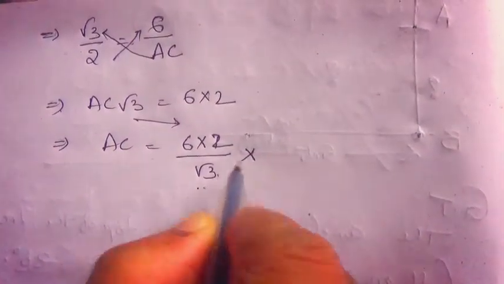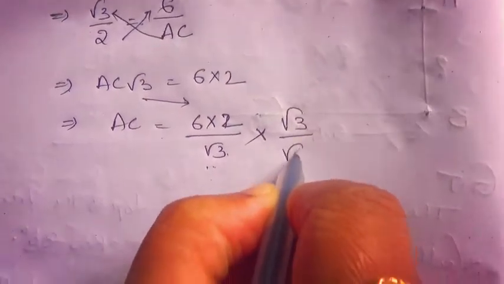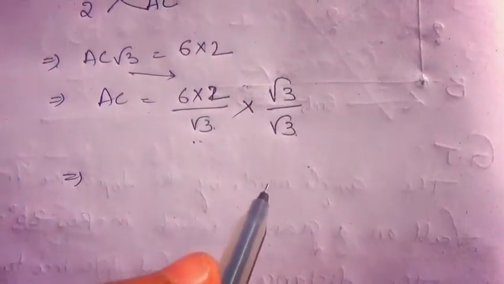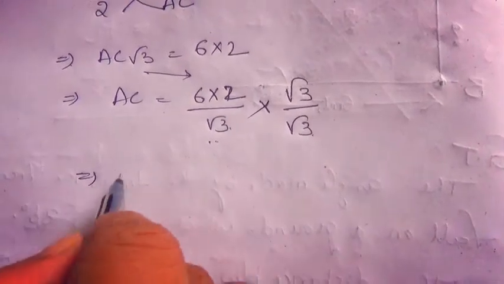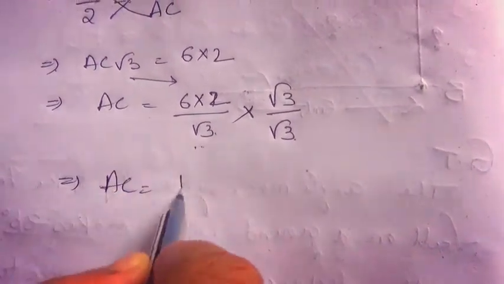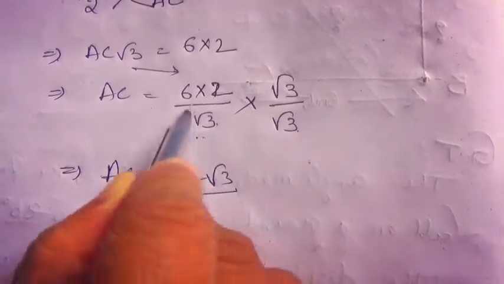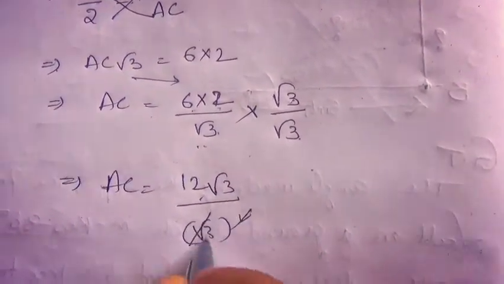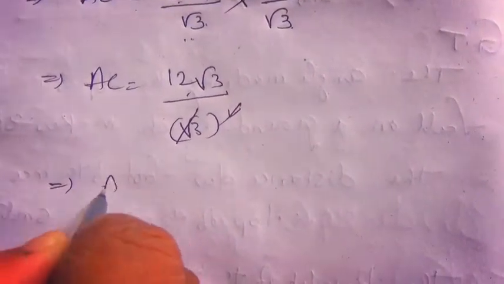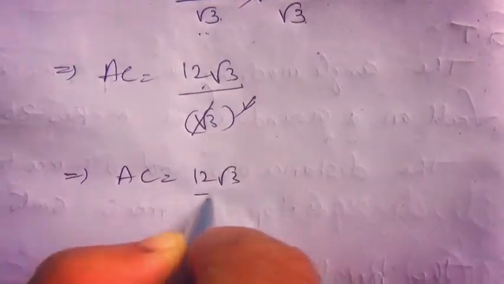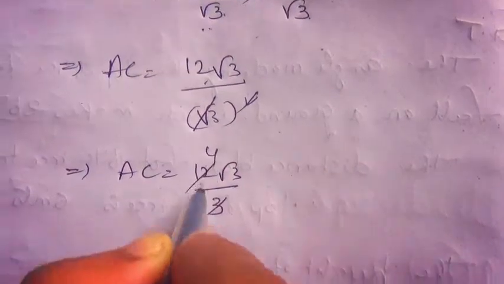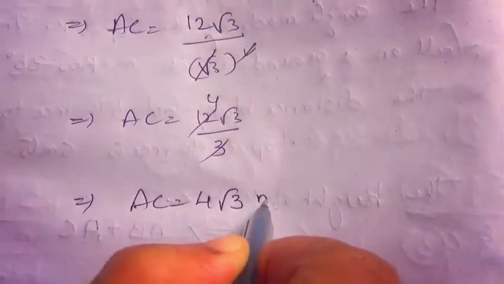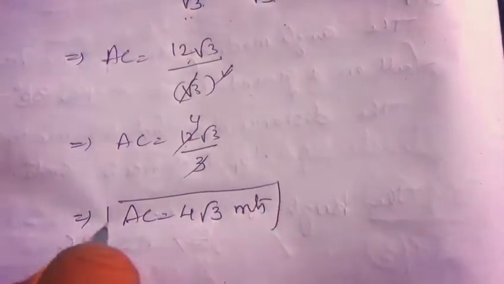So root 3 is in the denominator, so the numerator and the denominator have to be multiplied with root 3 for rationalization. That gives 12 root 3 by root 3 whole square. Square root cancelled. That implies AC is equal to 12 root 3 by 3. 3 into 4 is 12, so AC is equal to 4 root 3 meters. That is the AC we got.